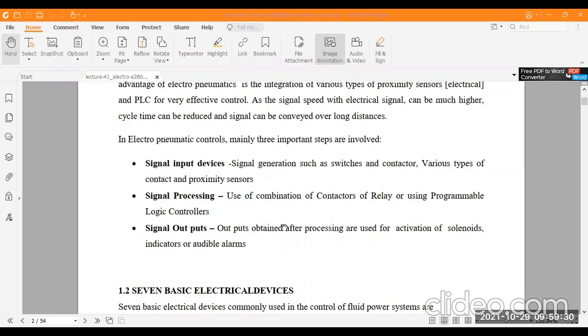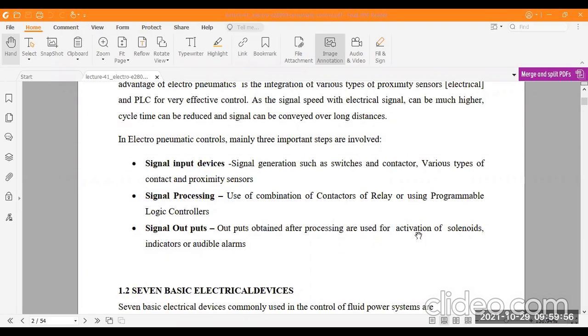First we have to consider the signal input device in the pneumatic controller part. This signal input device generates signals using switches and different types of contactor parts, and uses various types of contact and proximity sensors as the input devices in the pneumatic controller part.